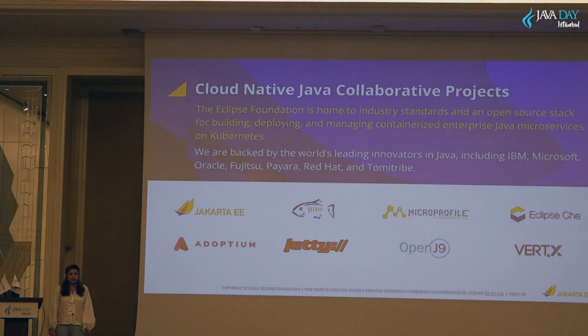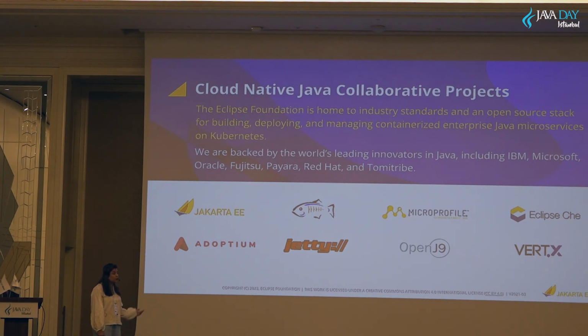To put Jakarta EE into context with a number of our other initiatives within the Eclipse Foundation around open Java and cloud-native Java in particular: in addition to Jakarta EE, we have another specification group called Microprofile. In tooling, we have Eclipse Che, which is a web-based tooling for Java developers.